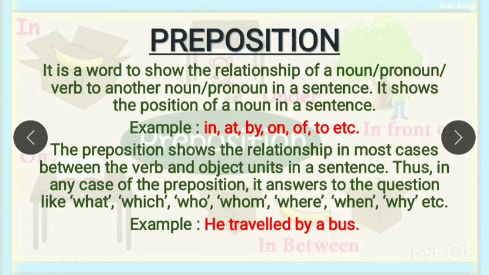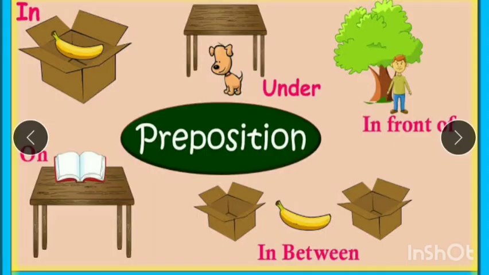He traveled by bus. Here traveled is the verb, bus is the object. How does he travel? He traveled by bus. Here by is the preposition. The banana is in the box.